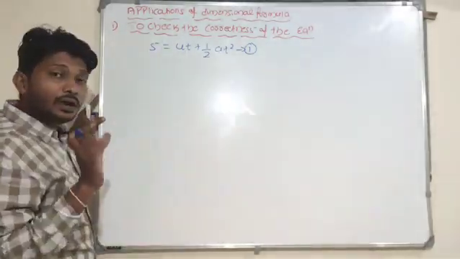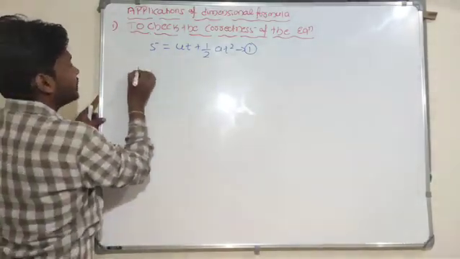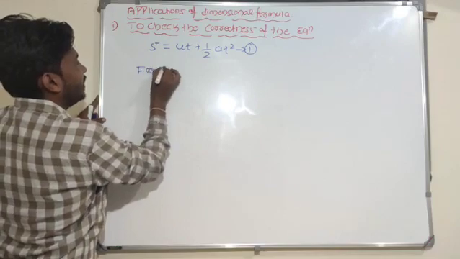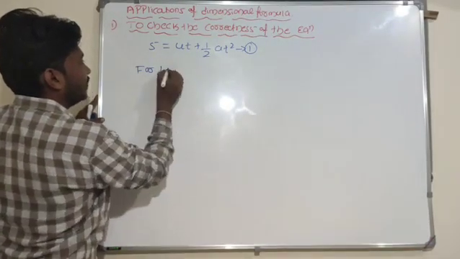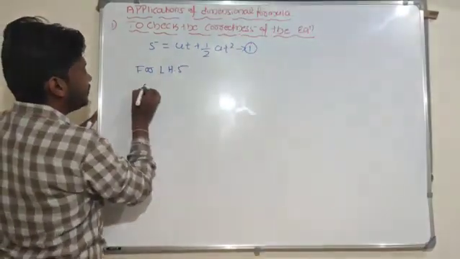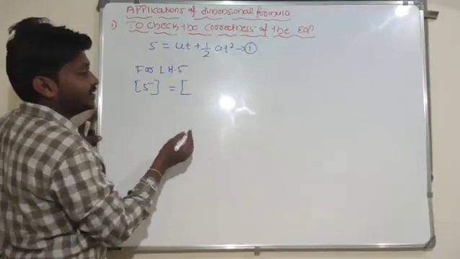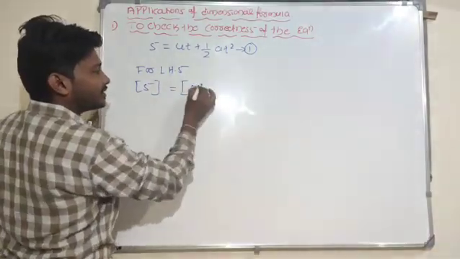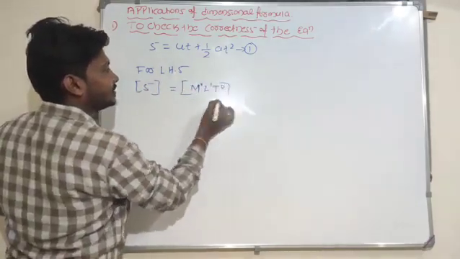First, I have to write the dimensional formula for the left side physical quantity, that is, for the LHS, the left hand side term. On the left hand side, the distance term is there. There is no mass term, so it is 0; distance means the L term is 1; the time term is not there.